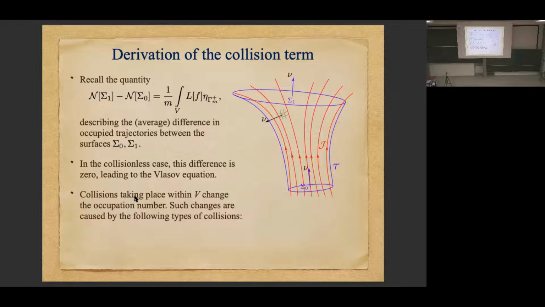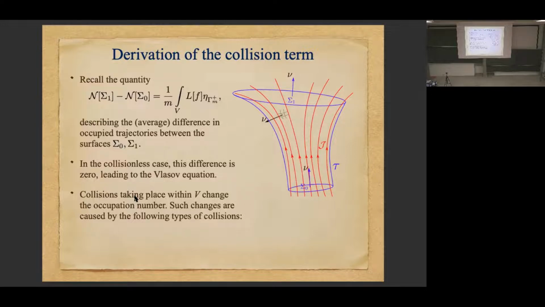Then we get this blue region here, which is V. And then the number of occupied trajectories here minus the number of occupied trajectories here was the volume integral over the divergence of J, but the divergence of J was 1 over M times L that acts on F. So if the gas is collisionless, that gave us the Vlasov equation.